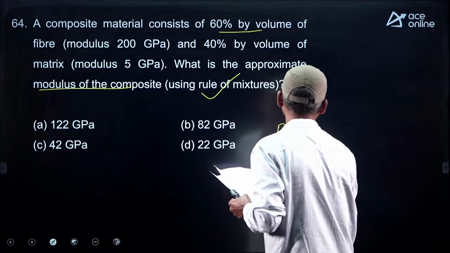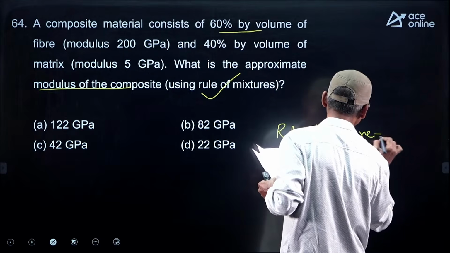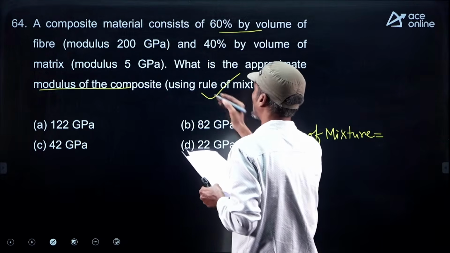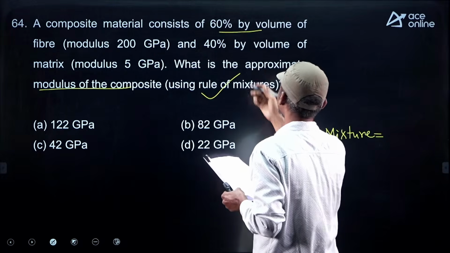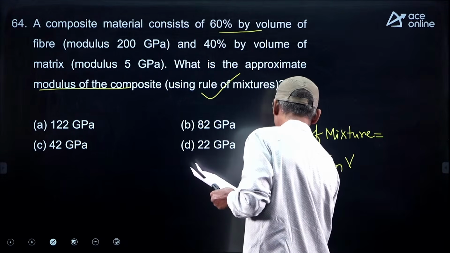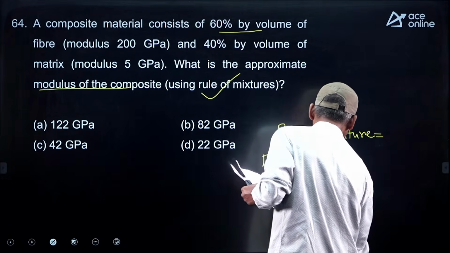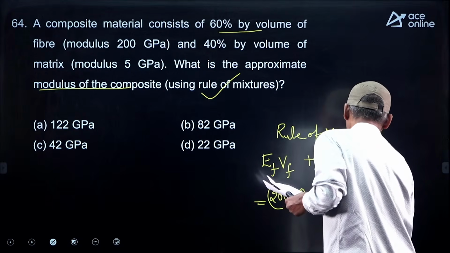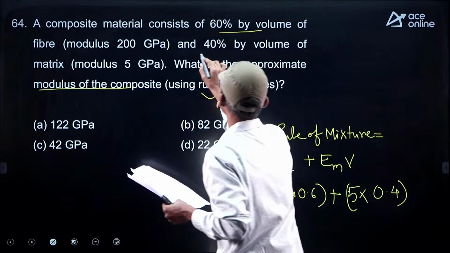The basic formula for the rule of mixtures for the composite is equal to Vf times the modulus of the fiber, plus the modulus of the matrix times its volume fraction. That gives us 200 into 0.6, plus the modulus of the matrix, 5 GPa, into 0.4, since the percentage given is 40%.